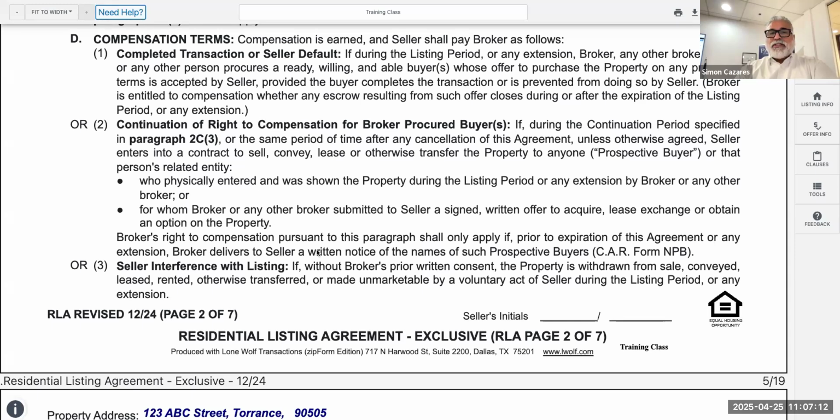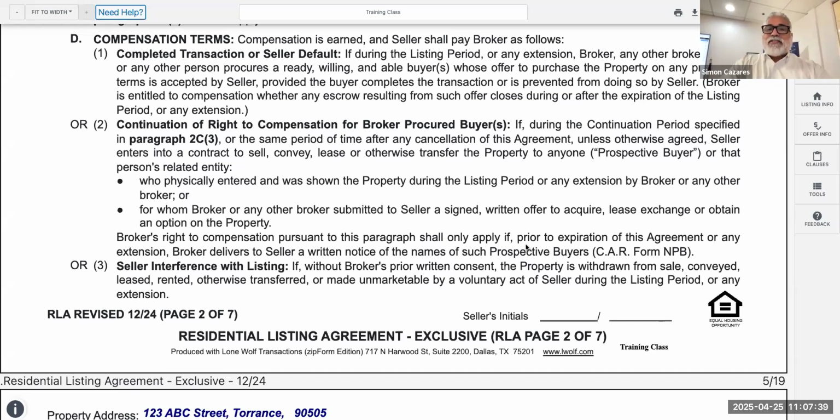Broker's right to compensation pursuant to this paragraph shall only apply if prior to, and it says prior to expiration of this agreement or any extension, broker delivers to seller a written notice of the names of such prospecting buyers.